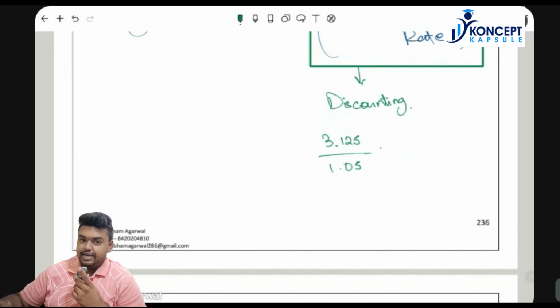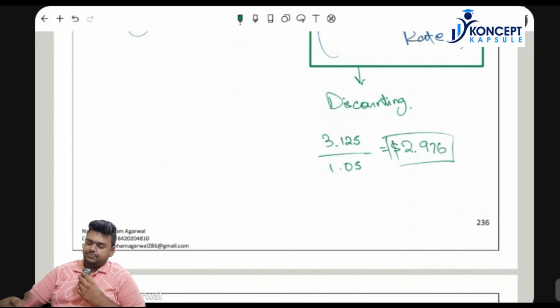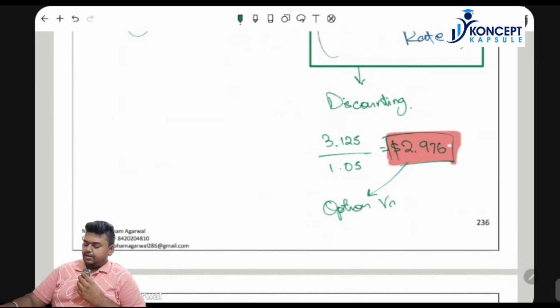So basically, the equivalent value today is $2.976. So the value of 3.125 after a year has an equivalent value today of 2.976, and we call it the option value today.